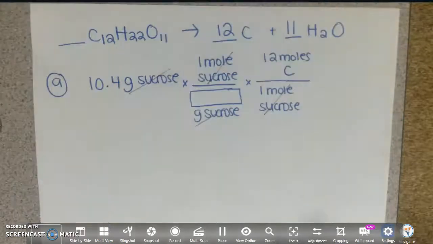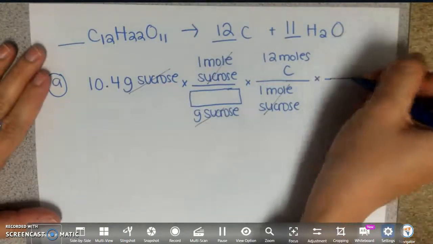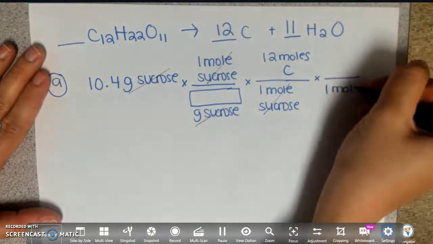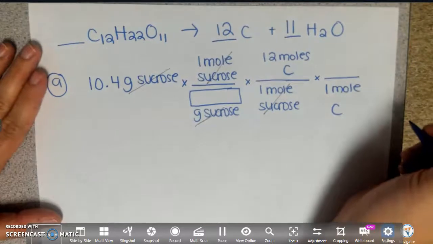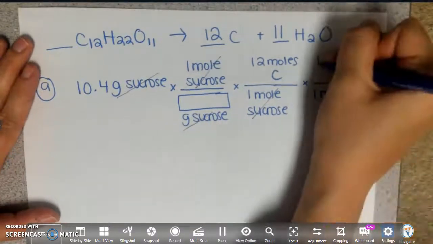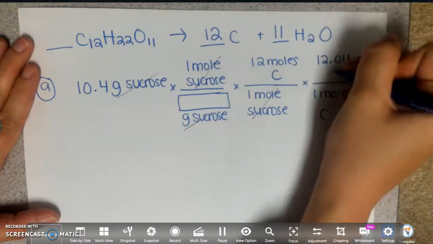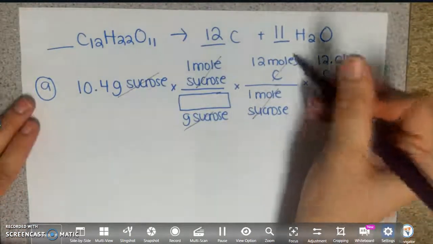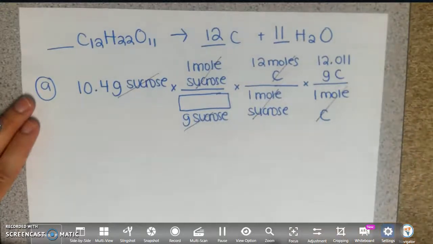1 mole is the atomic mass in grams. Now this is moles of carbon. So the bottom will be 1 mole of carbon to cancel that unit. And if you look at the periodic table, carbon has a molar mass of 12.011 grams. And then these units cancel. And you're left with the unit that you want.